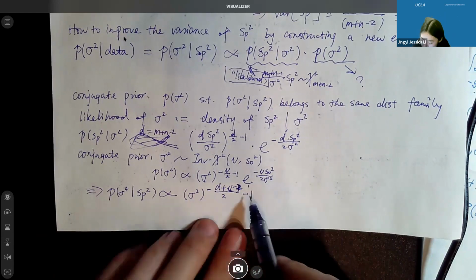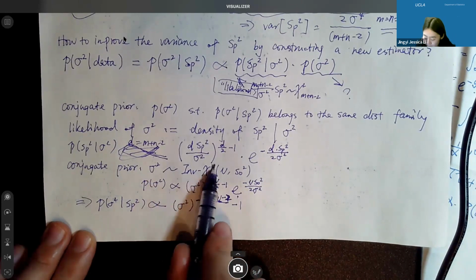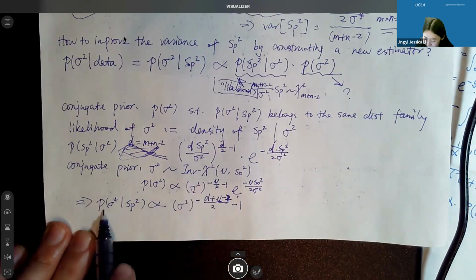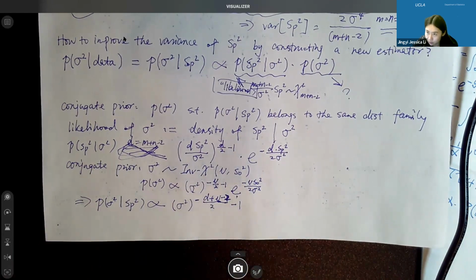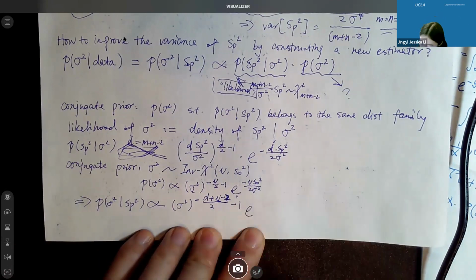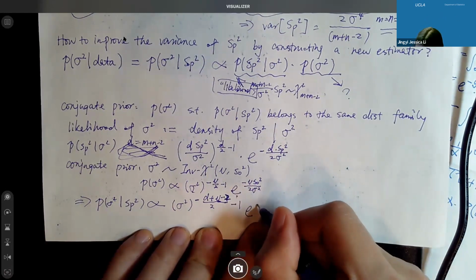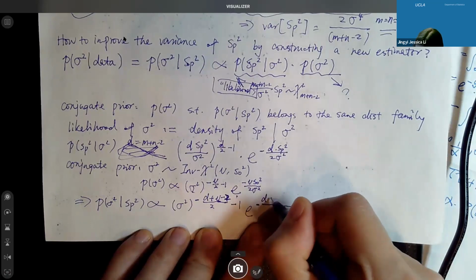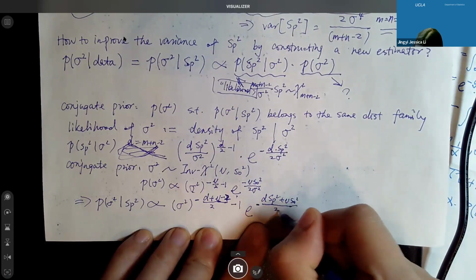The reason I want to keep this minus 1 is because I want to say that with this prior, the inverse gamma, inverse chi-square distribution, the posterior still belongs to inverse chi-square. So I need to know the corresponding two parameters of the posterior inverse chi-square. That's the sigma square term. Now the exponential term is a combination, so basically we can write negative d times sp squared plus v times s0 squared, over 2 sigma squared.